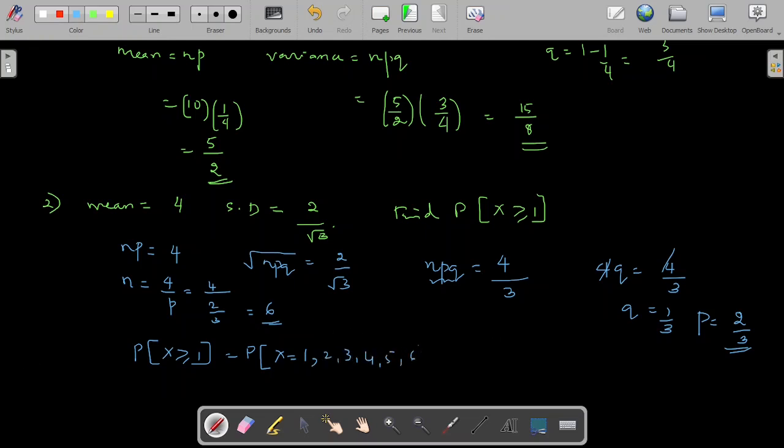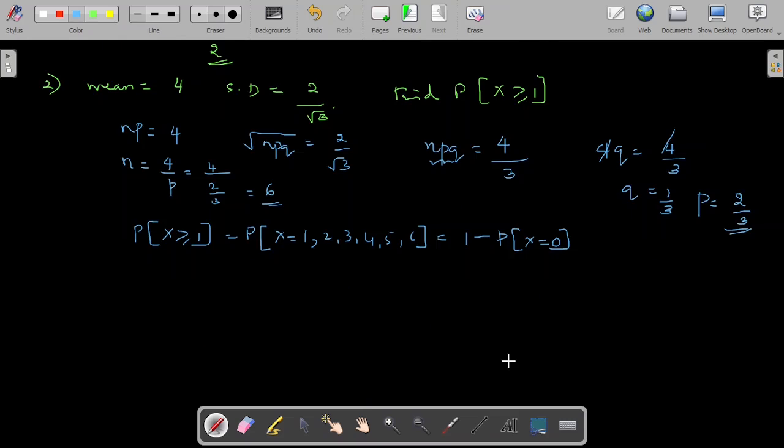Instead of finding all these values, you can do 1 minus probability of X equal to 0, because starting from 0 to 6, the sum of all probabilities must be equal to 1. But I want all these sum, so it is the same as 1 minus P of X equal to 0. So 1 minus the binomial distribution term, 6C0 q to the power 6. Q is 1 by 3 to the power 6. So this is equal to 1 minus 6C0, which is 1, times 1 by 3 to the power 6, which is equal to 1 minus 1 by 729.